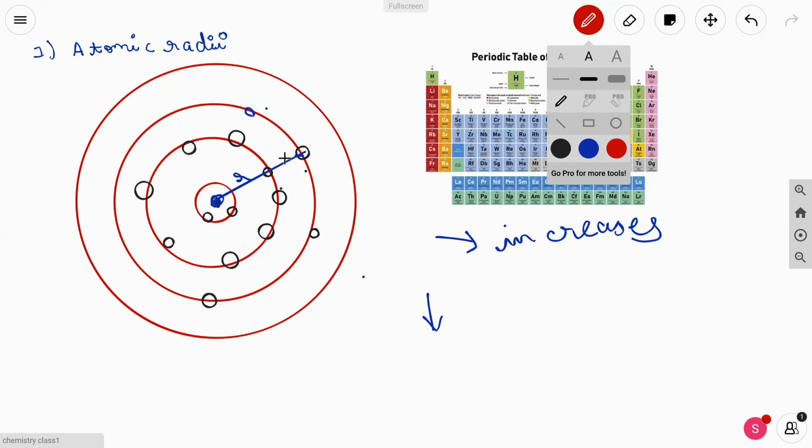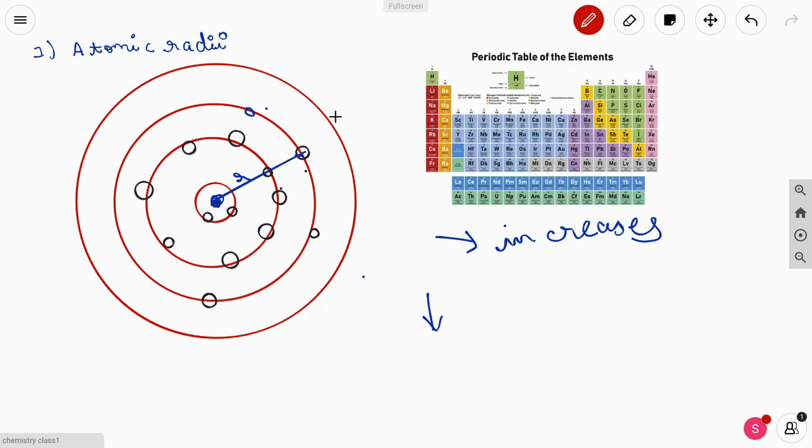So the distance factor overcomes the increase of nuclear charge, and therefore the force on these electrons decreases and they become bigger because the nucleus cannot hold them as closely. So that is why it decreases down a group.